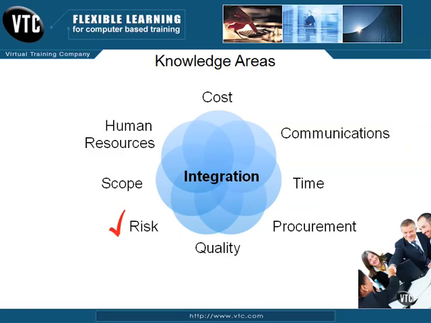This knowledge area is responsible for increasing the probability and impact of positive events and decreasing the probability and impact of adverse events. There are 6 processes in total: plan risk management, identify risks, perform qualitative risk analysis, perform quantitative risk analysis, plan risk responses, and monitor and control risks.